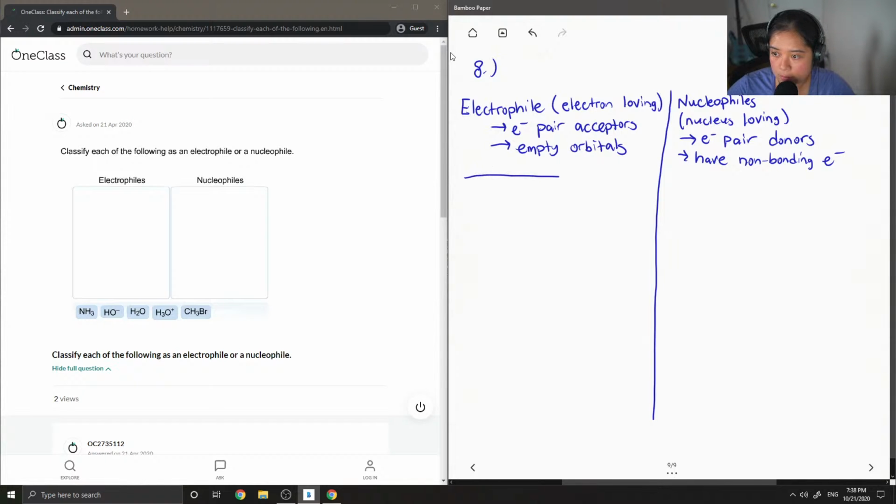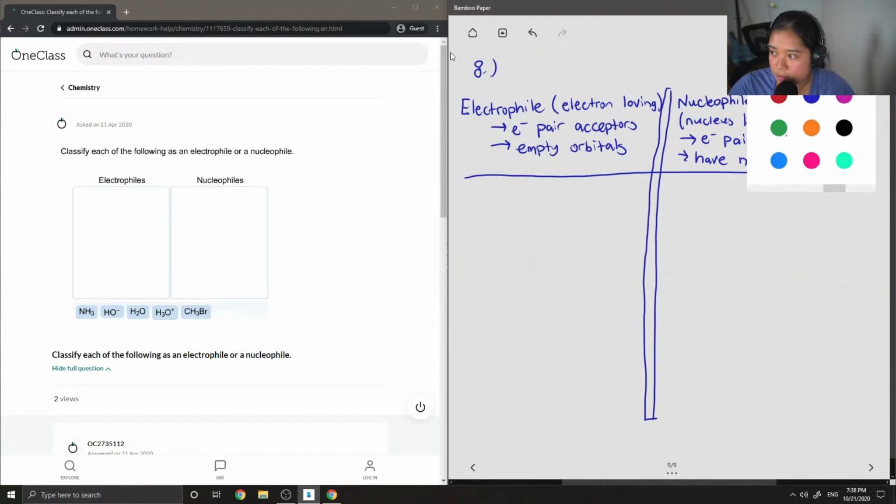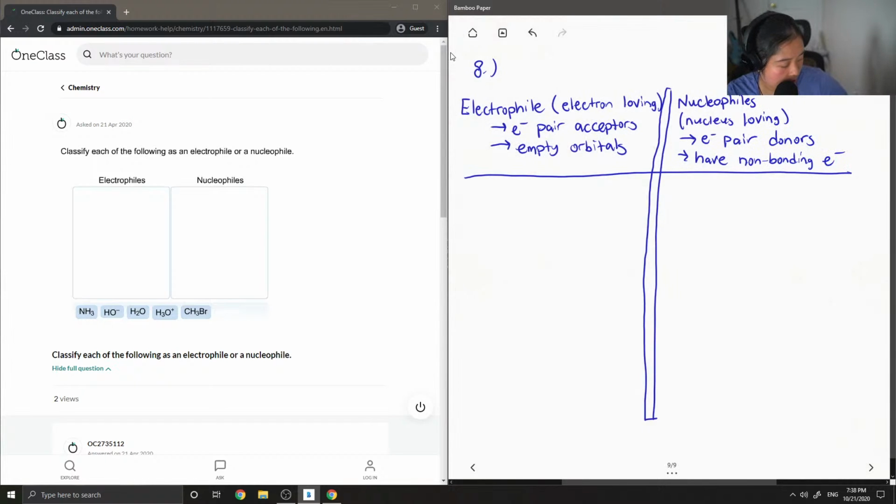Okay, so now that we know the definition for these, let's sort out which ones are nucleophiles and which ones are the electrophiles. So for NH3, you can see that there is a lone pair on the nitrogen.